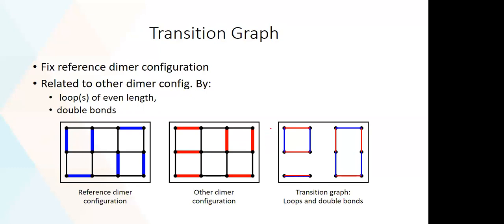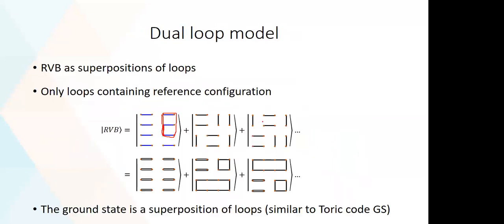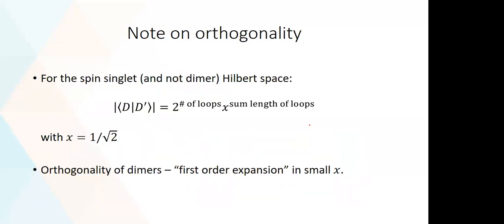No, it should be the same state. You need to get x to the power 2 times number of loops, right? So it will be 1. Oh, but loops of size 2 are okay, but anything larger should be suppressed by factor x. I think it's fine, as long as you count the same thing in the power of 2 and in the power of x. In this formula, I only count the number of loops and length of loops.